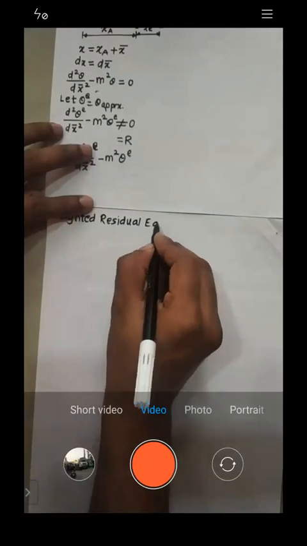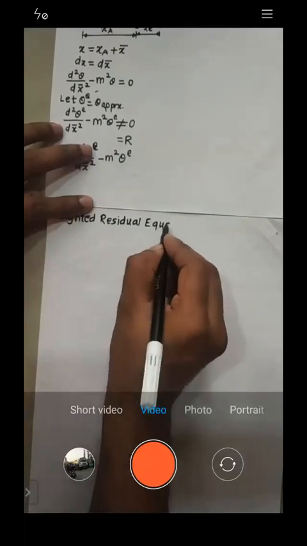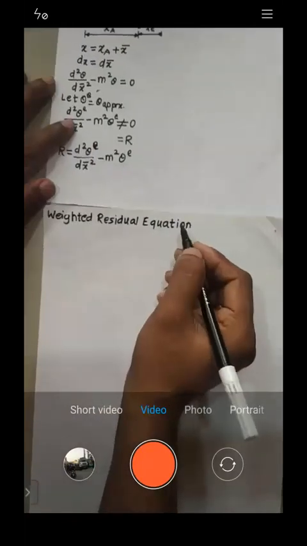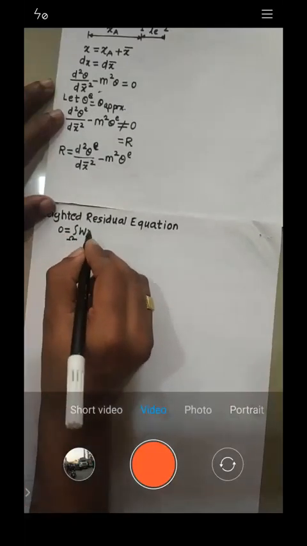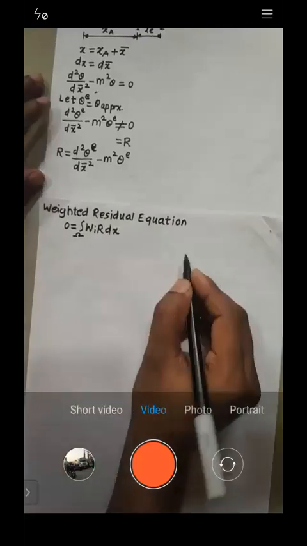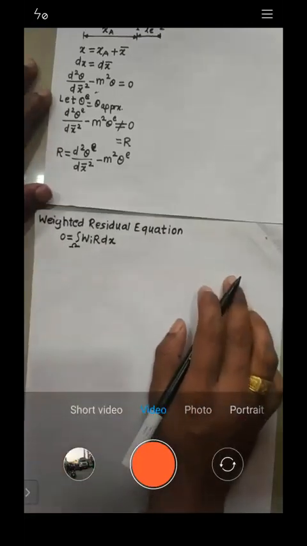It is 0 equals the integration over the domain of Wi into R into dx. Is it okay? Yes, sir. This is the weighted residual equation, right?